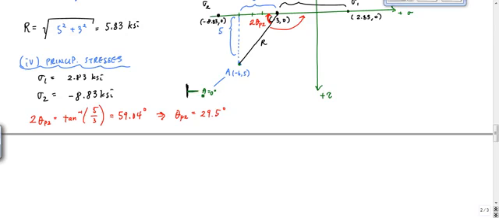Then I know I'm going to go clockwise. To get to this sigma 2 right here, I start from theta equals 0 and rotate theta P2, which is 29.5 degrees.